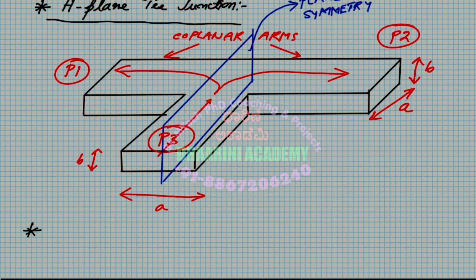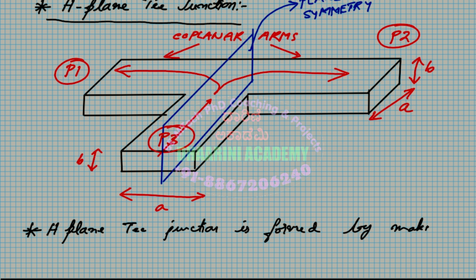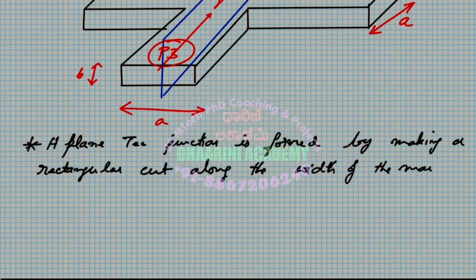The first point: the H plane T junction is formed by making a rectangular cut along the width of the main waveguide.